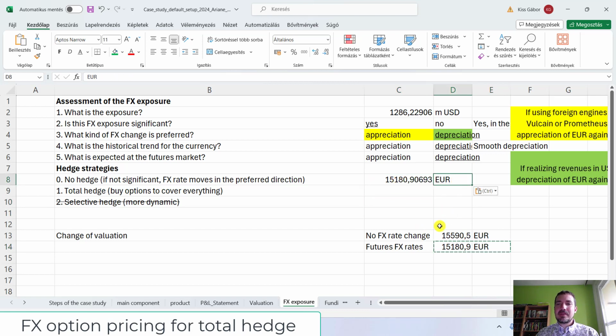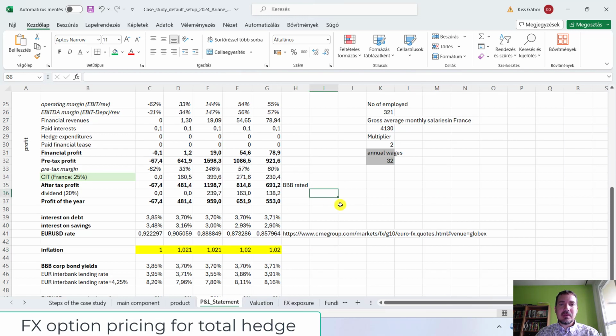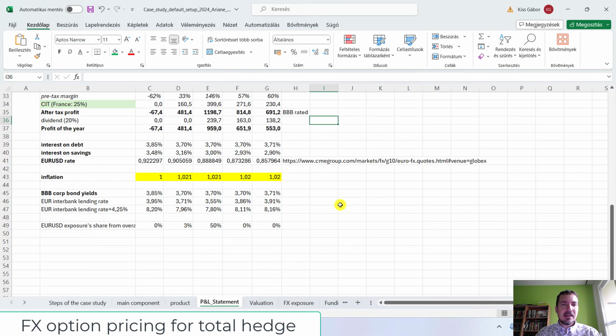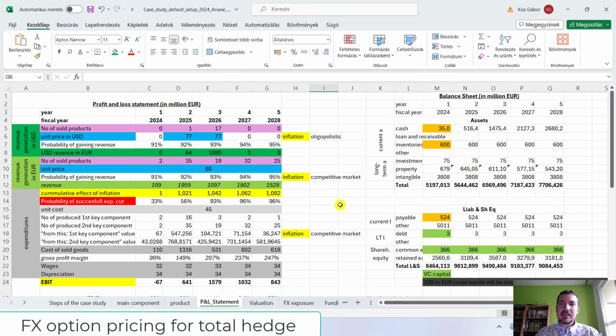That's the value. And what happens if we are adding total hedge? In case of total hedging, then we have to think about the following. First of all, we need additional data. And the additional data means that we have to calculate option fees.